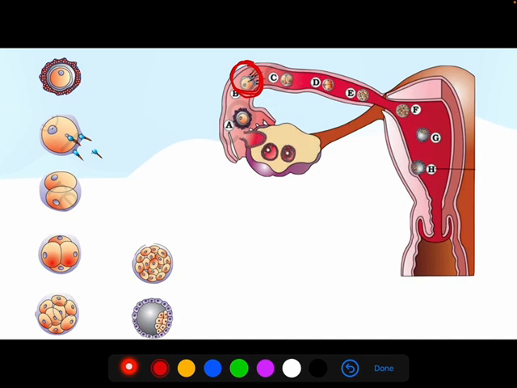Once this is formed, then we have mitotic division. Look at this stage. This is the fertilization stage. Then here we see the mitotic division happening. Once the mitotic division happens, this zygote moves towards the uterus through the isthmus. Then there are multiple mitotic divisions, and these small units formed after mitosis are called blastomeres.